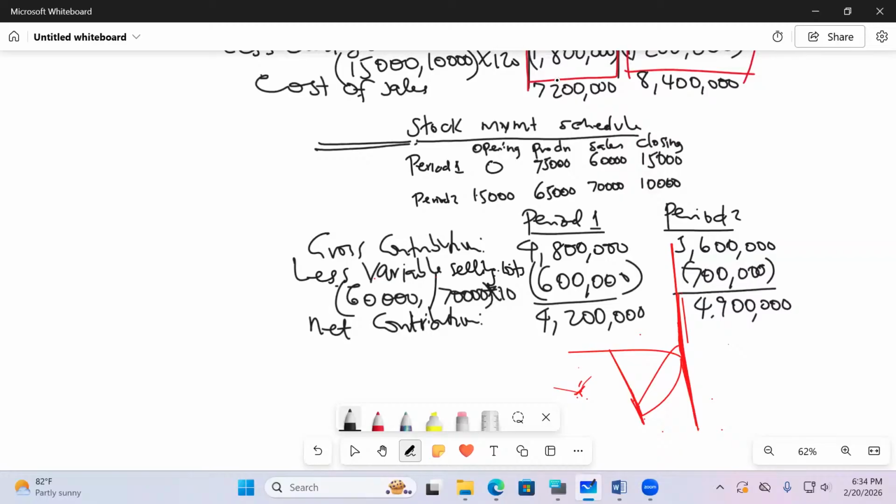Now, having gotten the net contribution, what do you think will be the next step for us? We less all fixed costs, starting with fixed production. And if they tell you there is fixed administration, you deduct it at this juncture. So we less fixed costs.